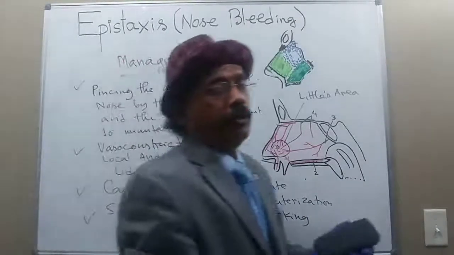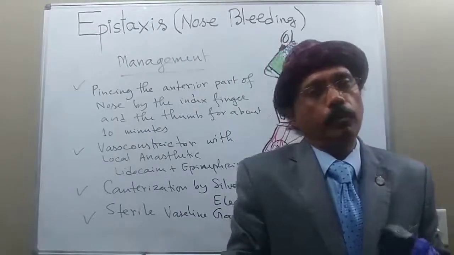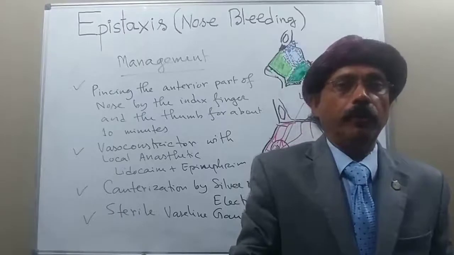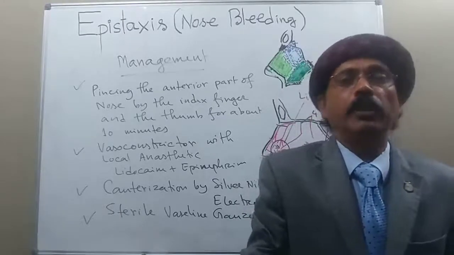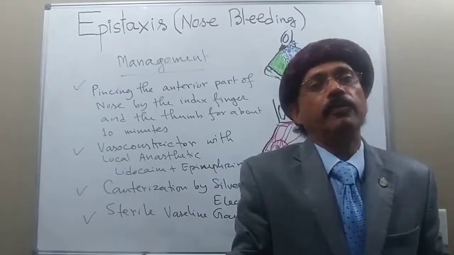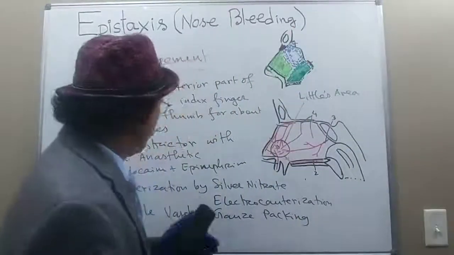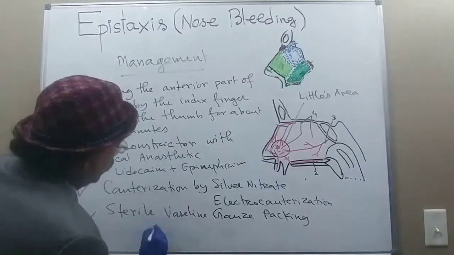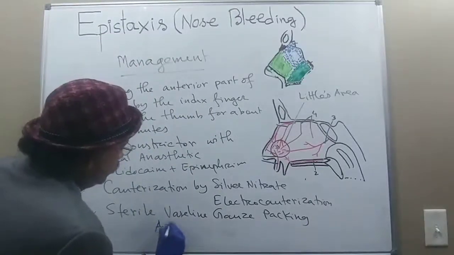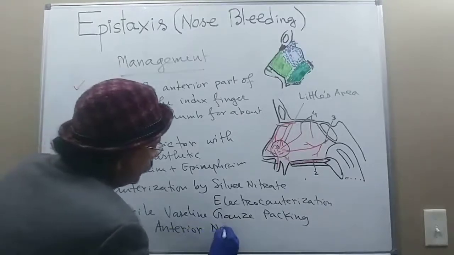The packing should be taken out after 48 to 72 hours, and the person should be under antibiotic coverage so that there is no sinusitis or secondary infection. So we may have anterior nasal packing or posterior nasal packing depending on the situation.